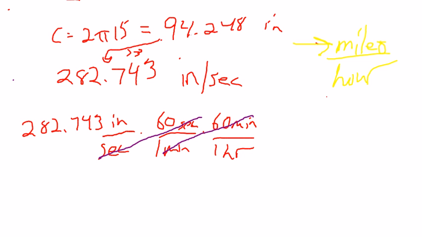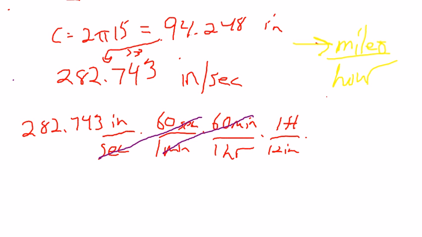But I want miles per hour, so let's go back to red. I need to continue to multiply. Now I'm actually going to be dividing on my calculator, but I need to go from inches to miles. So I know that 1 foot is 12 inches, so I can multiply it by that.